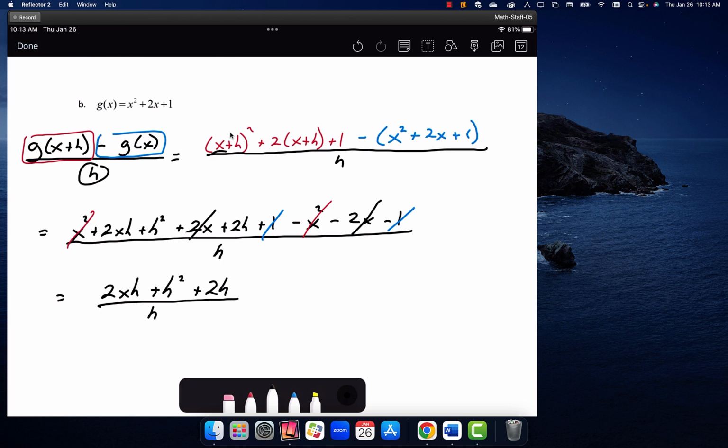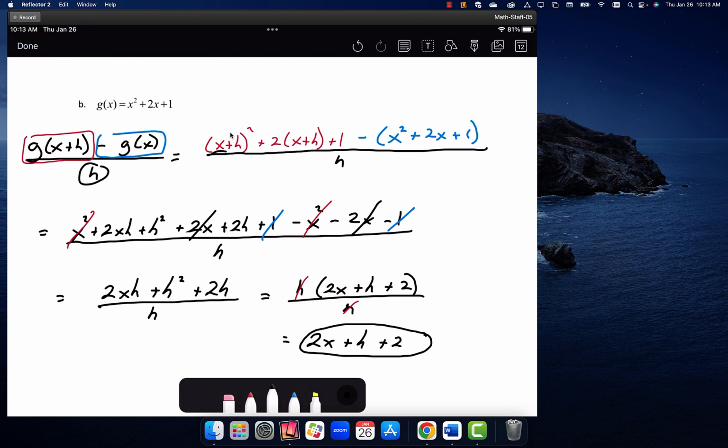Notice the numerator has an h in every single term, so we can go through and factor out an h in the numerator. So when we pull that h out, we have 2x plus h plus 2 all over h. And now the h in the top and the bottom cancel, so we're left with 2x plus h plus 2. And that is the difference quotient for this example.